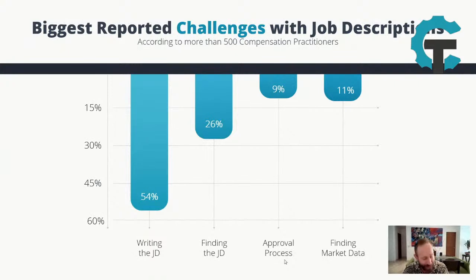What I always found kind of interesting too, though, was there's so much information out there. If you're writing a description for a job that you've never seen before, you can probably Google that job, find a fairly good description for it, and then tailor that to meet your specific needs. I oftentimes found, though, that was a secret that only compensation people knew, because you'd be working with an HR manager or working with the line manager, and they would just be having a really difficult time writing the job description.